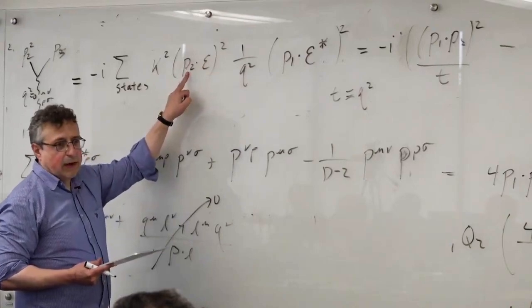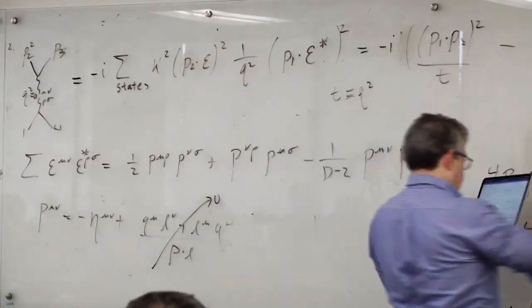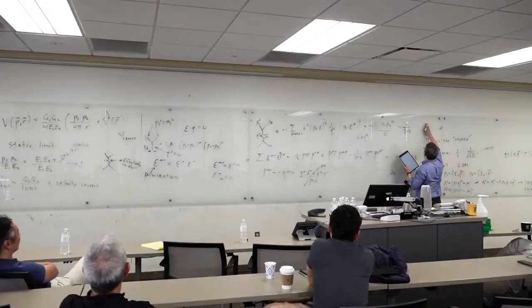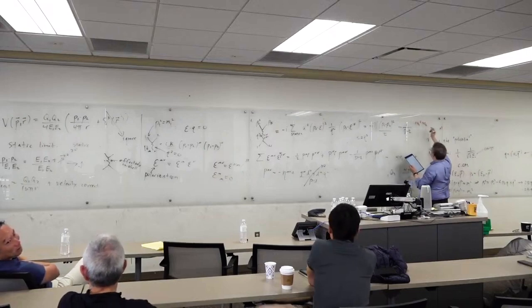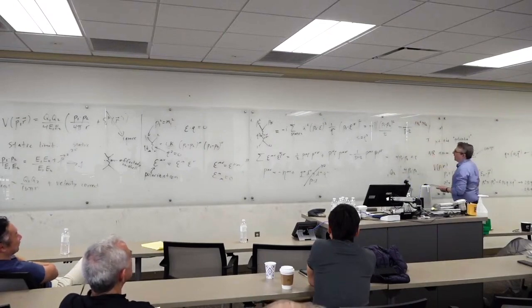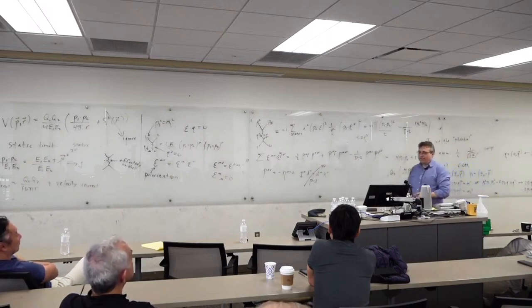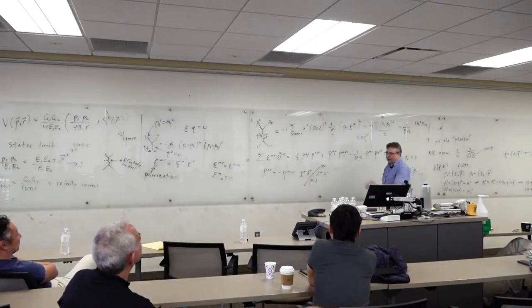So I get P2 squared, that's M2 squared, M1 squared. So the thing I have to subtract out, 1 over d minus 2, I get M1 squared, M2 squared. And there we have it. Okay, we're almost done, right? That is the potential Fourier transformed.